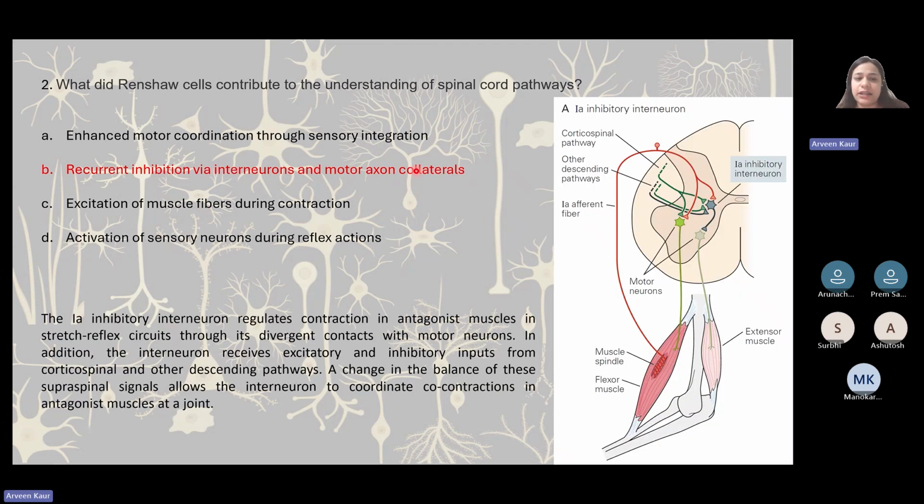So, before that, there is another circuitry of inhibitory neurons present in the spinal cord circuit. These are the inhibitory interneurons. In their naming itself, they are known as inhibitory interneurons. So, for instance, if we take this example of an extensor muscle or flexor muscle, you can see that if there is a muscle which is going to flex, that muscle is bringing some signal to the spinal cord.